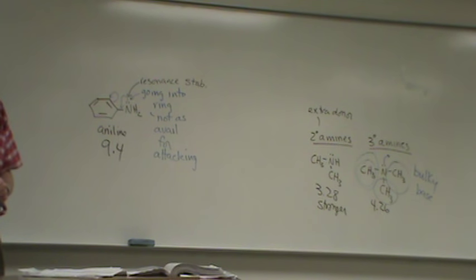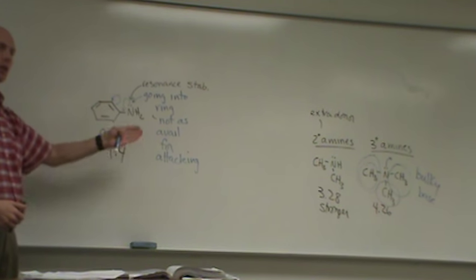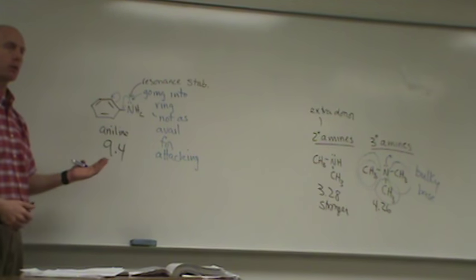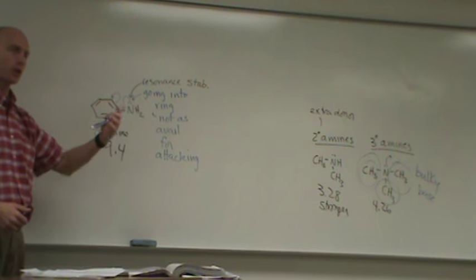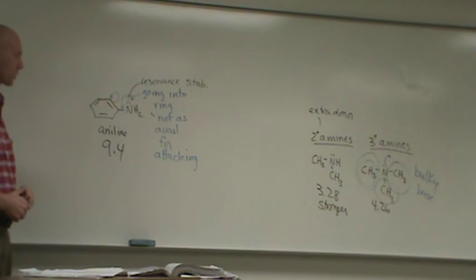Any questions on aniline, of why it becomes a weaker base? See how we're using all the theory that we've been learning, resonance theory, donation theory, in correlation with basicity.